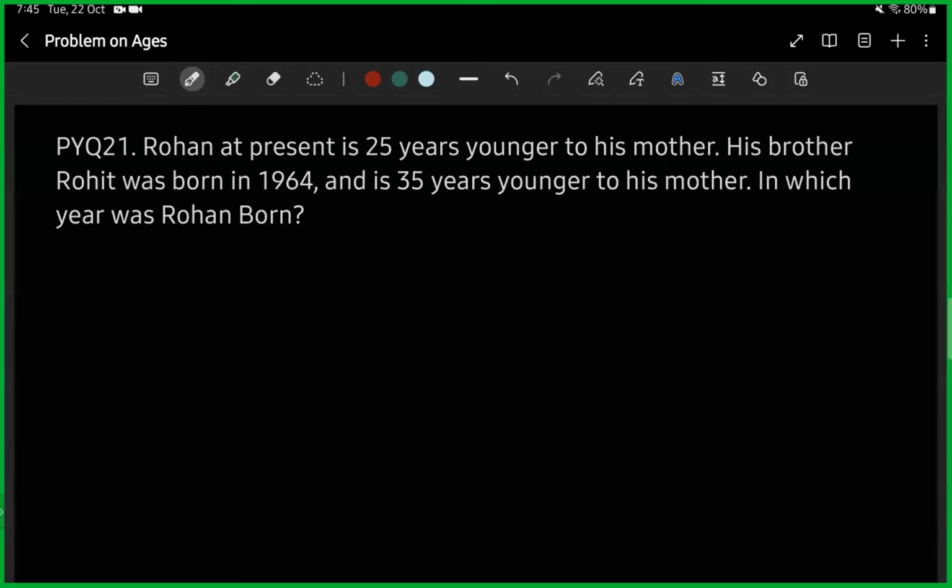After this, we will move on to the next topic. Rohan at present is 35 years younger to his mother. His brother Rohit was born in 1964 and is 25 years younger to his mother.